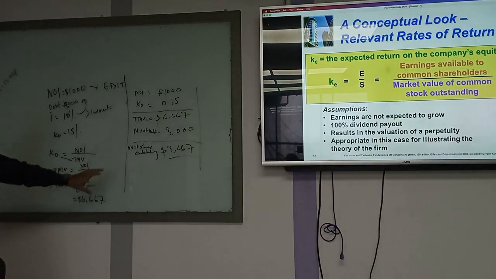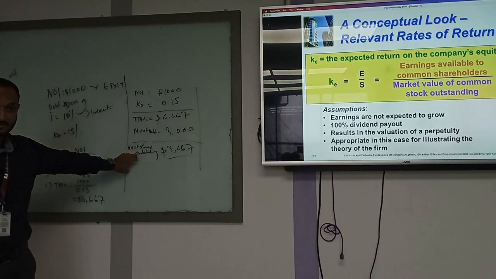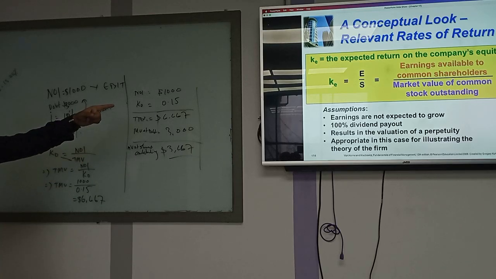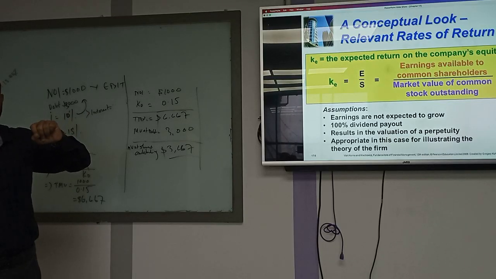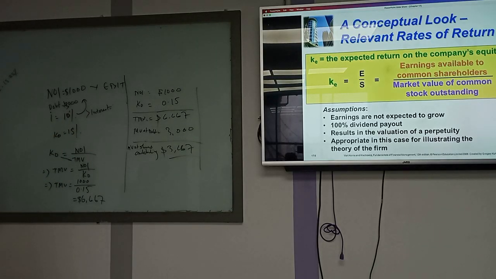ROE. ROE তে আমি কি পেয়েছি অলরেডি? দেখেন S portion I already have found. S, market value of common stock outstanding. But what is my E, earnings available to the common shareholders? Earnings available. So কি বলেছিলাম? That NOI is equal to I plus E. So I don't know the value of E. But what is NOI? $1,000 minus I. I কত এখানে?